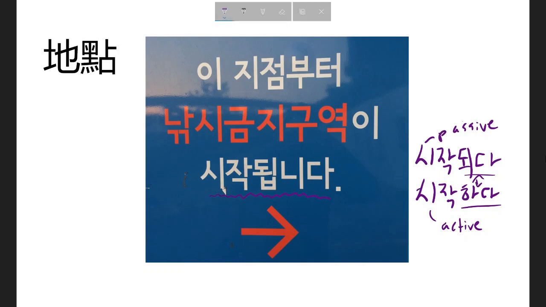시작하다. Now, 시작하다, because it's an active verb, you would use this if you want to say that somebody or something starts doing a particular thing.